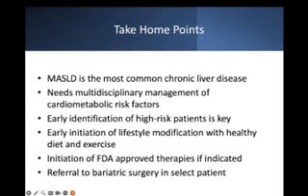Lifestyle modification like healthy diet and exercise plays an important role in managing these patients. And we can initiate FDA-approved therapies if indicated, like semaglutide or resmetirom. And we have to refer some patients to bariatric surgery if they need surgery for weight reduction.